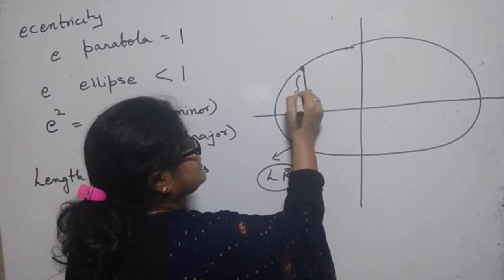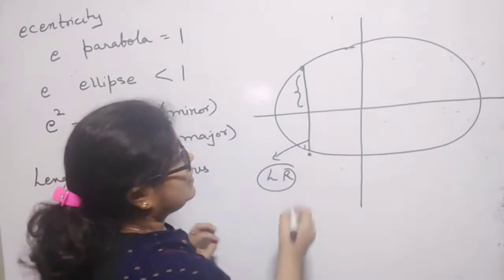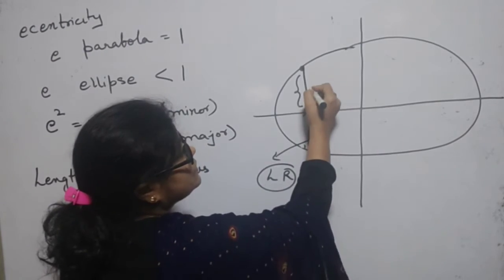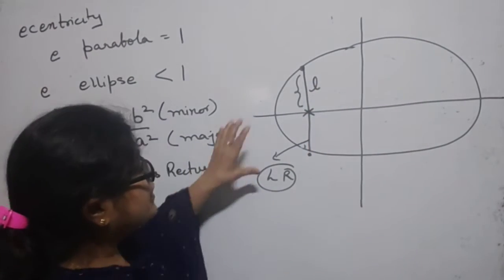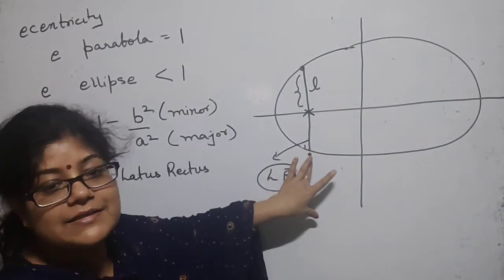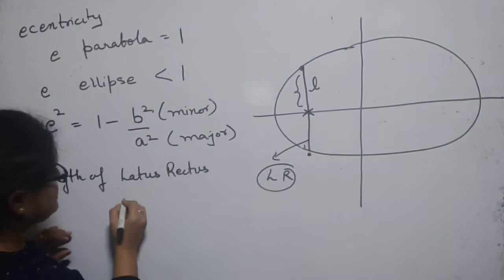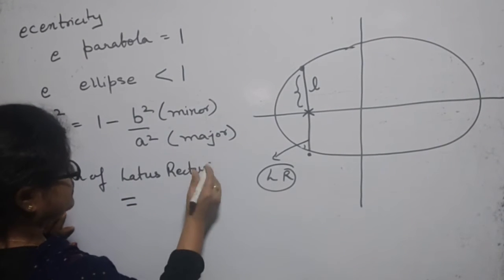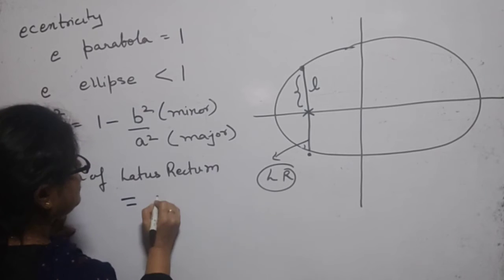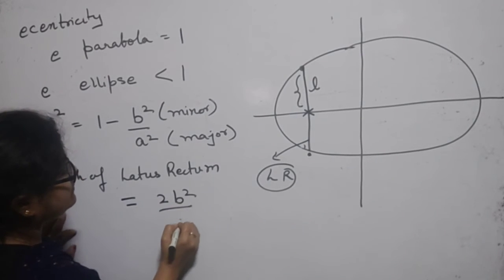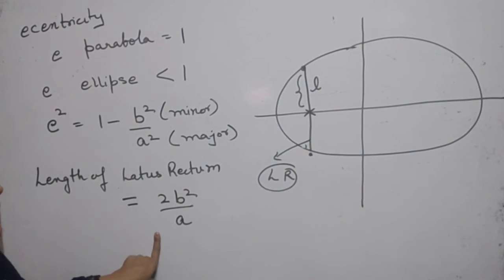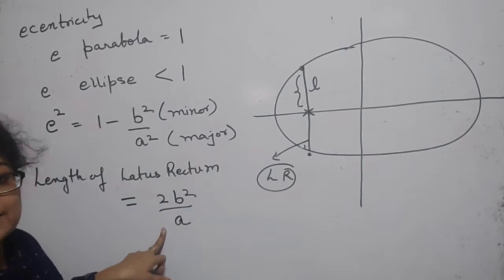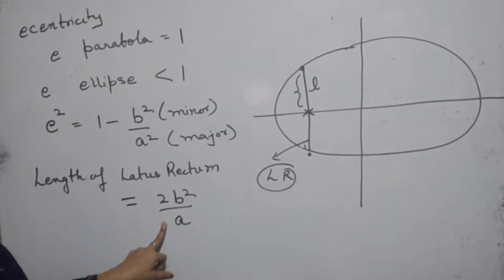And this is the length of the semi-latus rectum up to this point, small l. So what is the length of the latus rectum in all? You just learn the formula: 2b squared upon a. If it is asked in the question to find the length of the semi-latus rectum, then you just divide it by 2 and you get b squared by a.